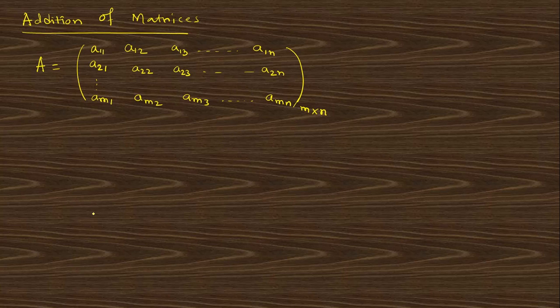For addition of two matrices, the number of rows and the number of columns must be the same.